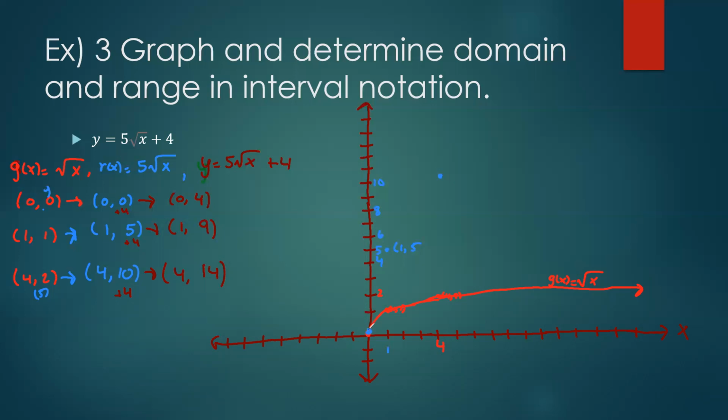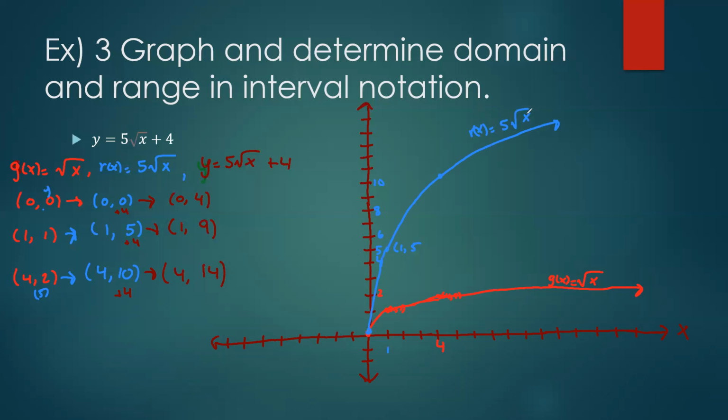So this would look something like this. We'll call this r of x equals 5 square root of x.